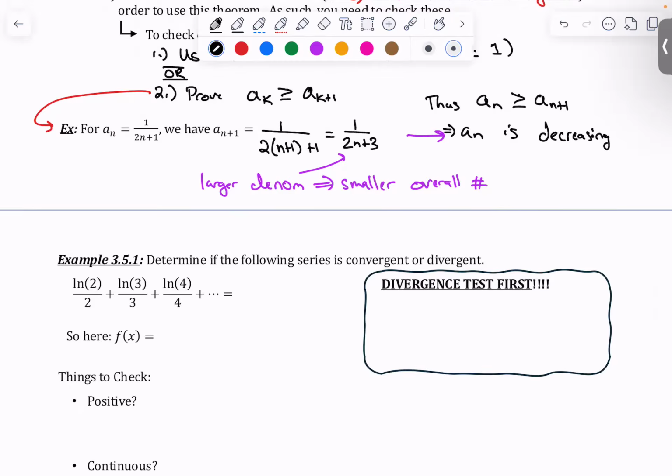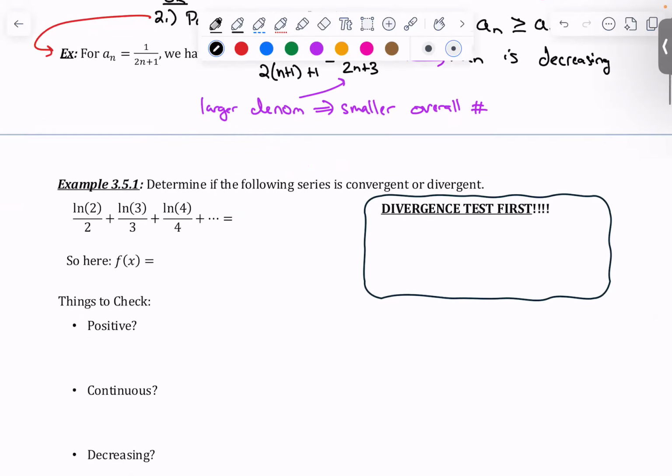So for example, on this one, ln of 2 over 2 plus ln of 3 over 3 plus ln of 4 over 4. That is equal to the series from k equals 2 to infinity of ln of k over k. We all see that?